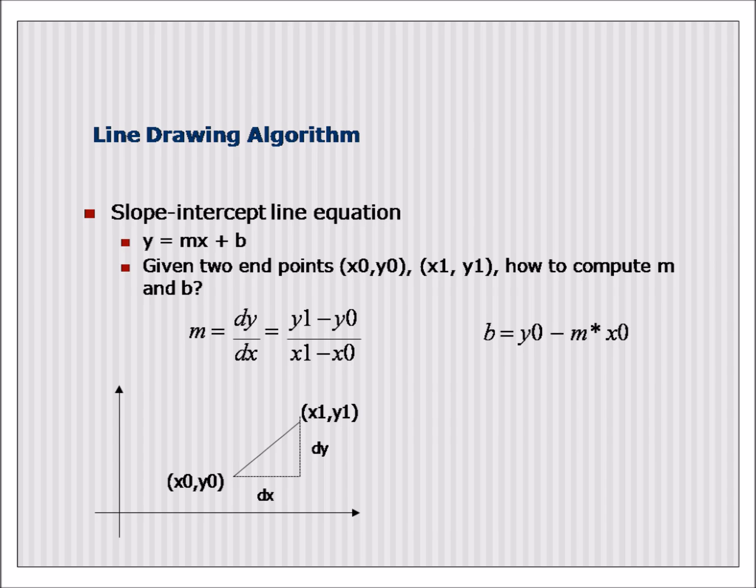Then m is computed by taking the derivative of y and x as shown on the slide. m is equal to the derivative of y over the derivative of x, which is equal to y1 minus y0 over x1 minus x0, whereas b is equal to y0 minus m times x0. The slope-intercept line equation is depicted in the figure below so as to clarify the concept in your minds.